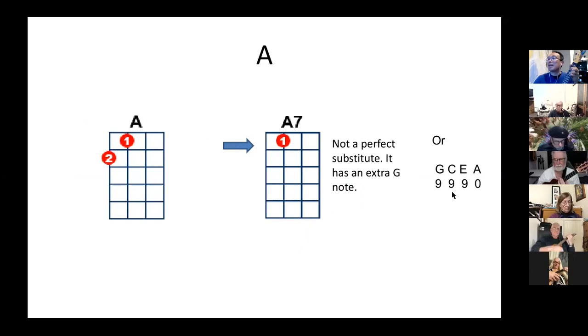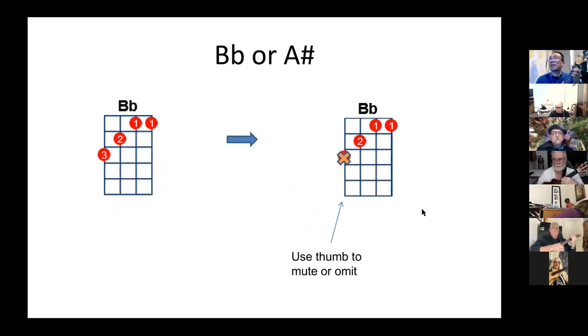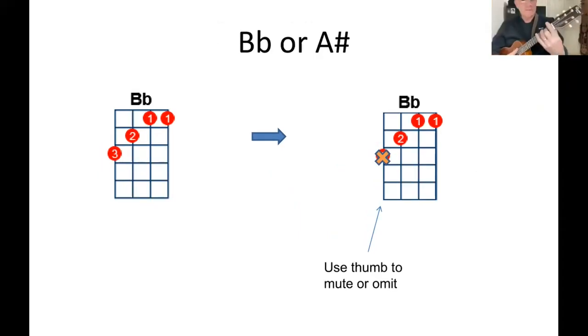And then what else is there? B flat. I've mentioned this in the muting section. You can either omit or use your thumb. I find it easier just to bar the whole lot. If I'm doing a bar chord, I always just do the whole lot.